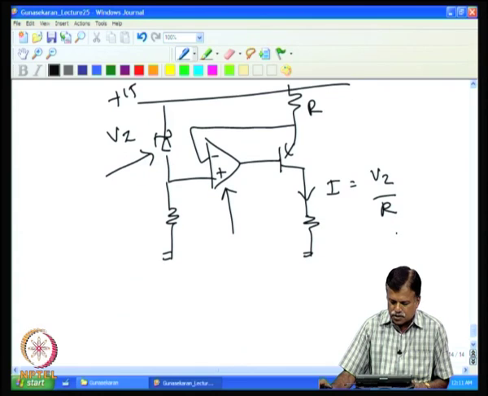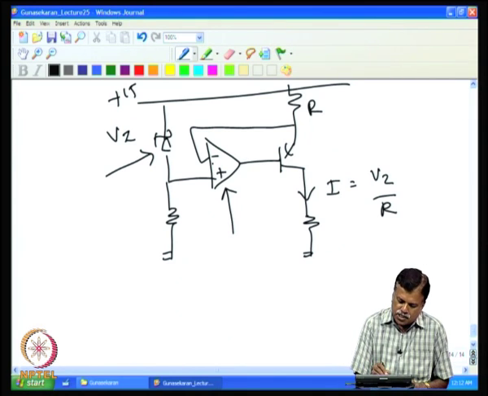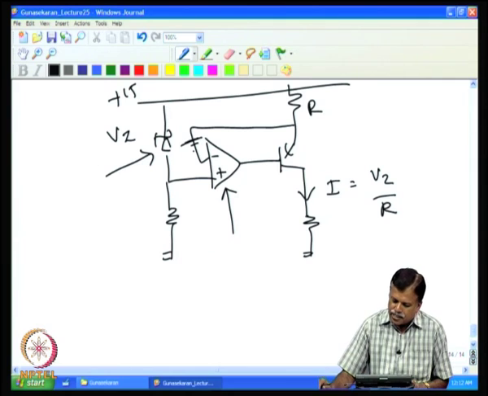So the drift of this will directly affect this one. Similarly, if the offset voltage of this op amp drifts, that is to be assumed as if Vz is drifting, because offset voltage can be added like this, either plus or minus. So offset voltage drift directly gives error.